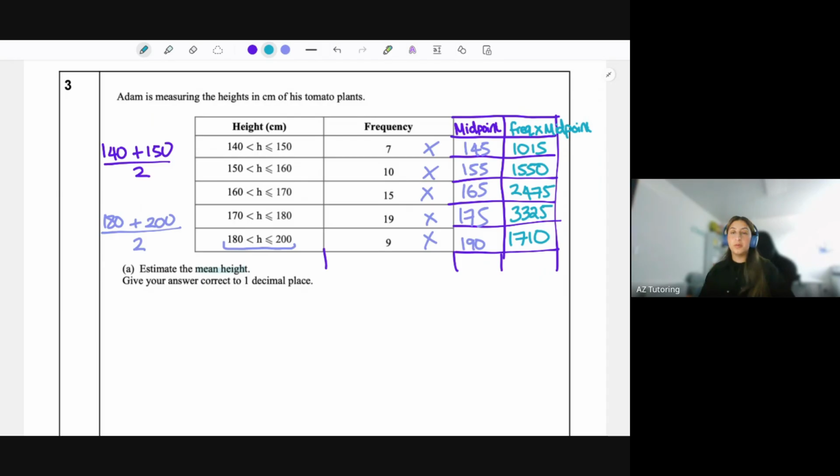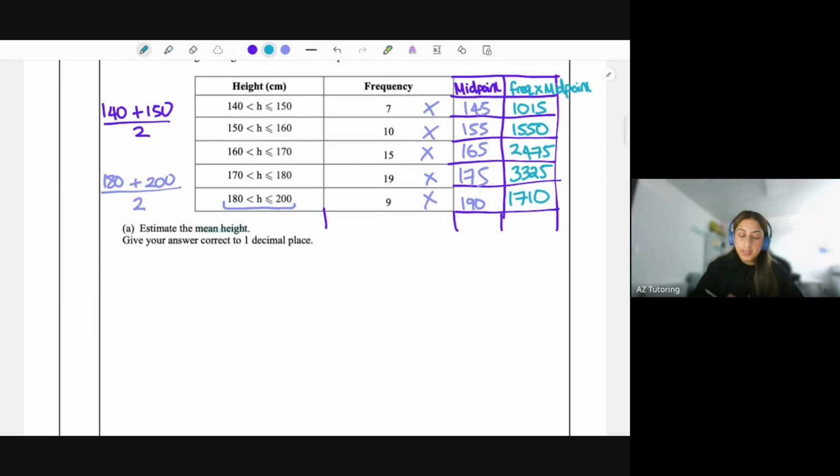So we've done all the working out. So now the mean from a frequency table is always the frequency times midpoint sum. So the sum of that column, which is this one here, divided by the sum of this column here.